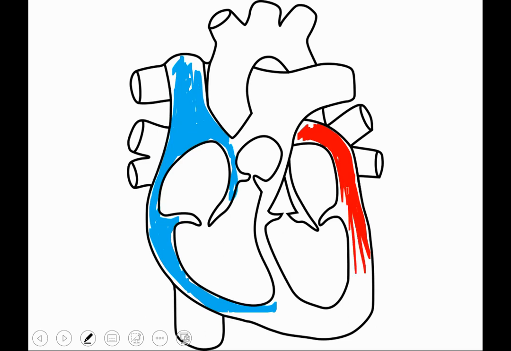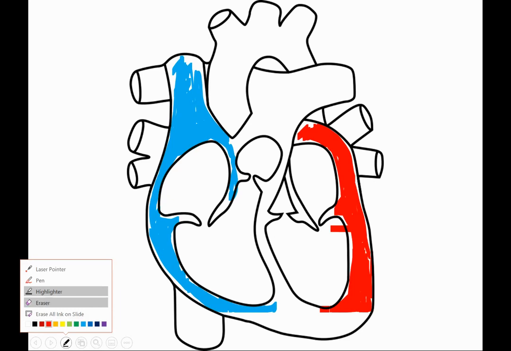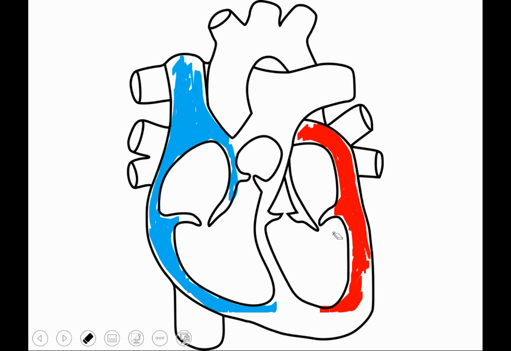It's picked up all of its oxygen, and then it's come back to the heart ready to be pushed out around the rest of the body. The bottom of my screen doesn't work, so the colour is just going to have to stop here. Oopsie. Okay, so we've got the left-hand side that is oxygenated and the right-hand side that is deoxygenated.